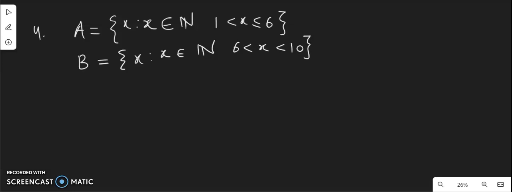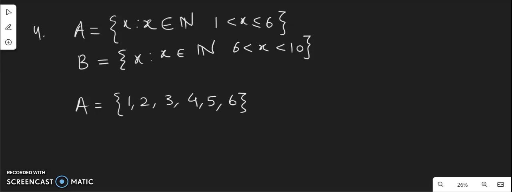How you write the elements of these sets becomes very important. A is equal to, x is a number between 1 and 6, greater than 1 and up to 6, so it is going to be 2, 3, 4, 5, and 6.